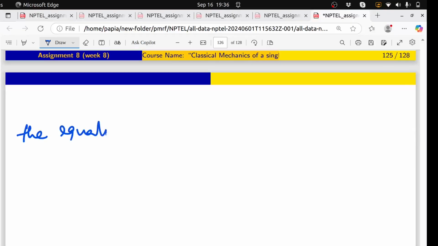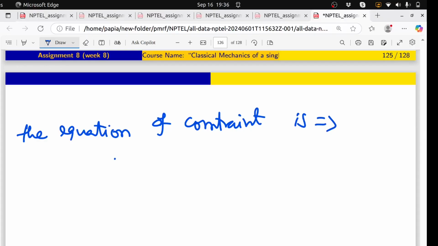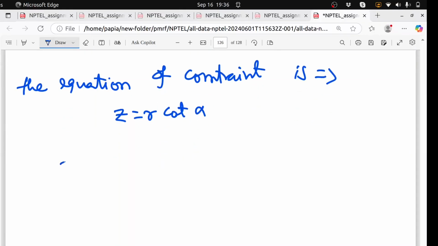The equation of constraint is z equals r cot alpha. So we can say that z minus r cot alpha equals 0.